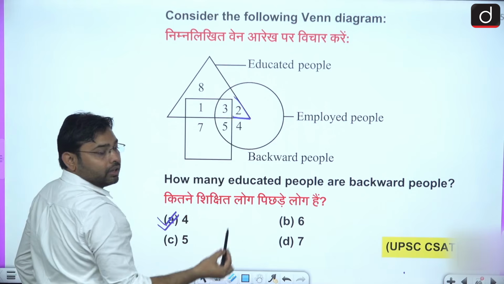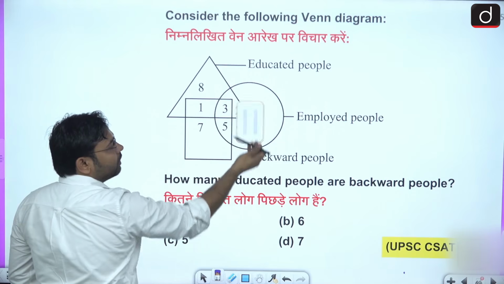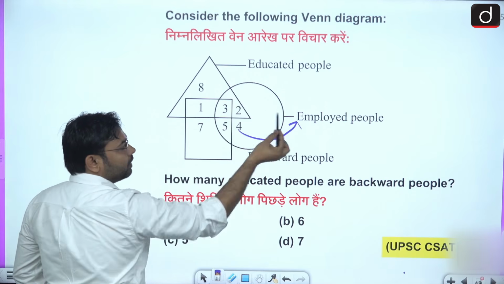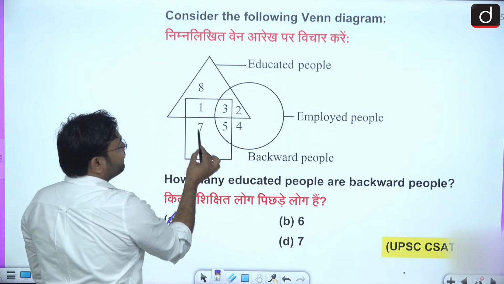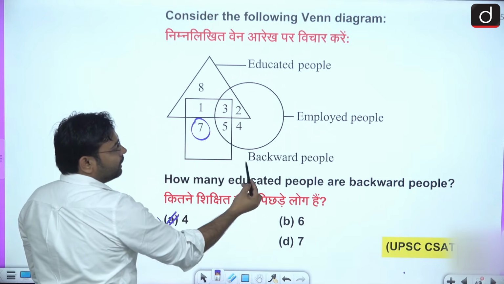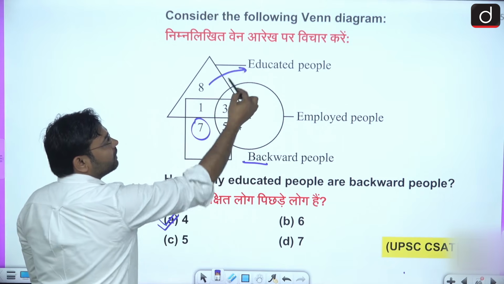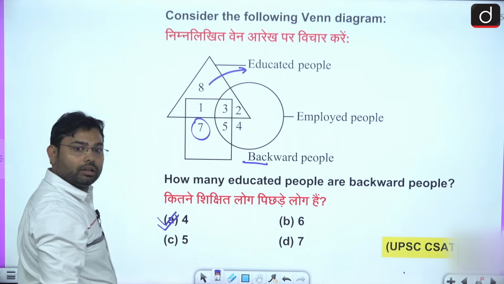Educated and employed. 4 is representing what? Only employed. And this 7 is representing only backward. 8 is representing educated.